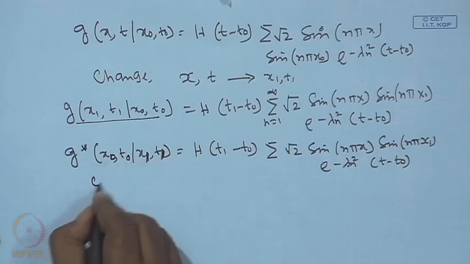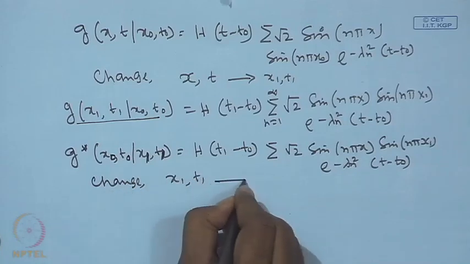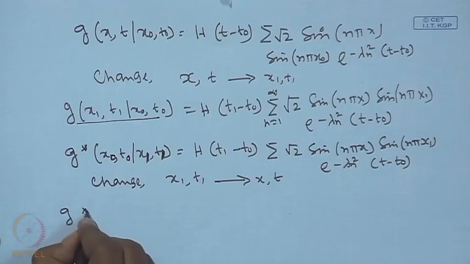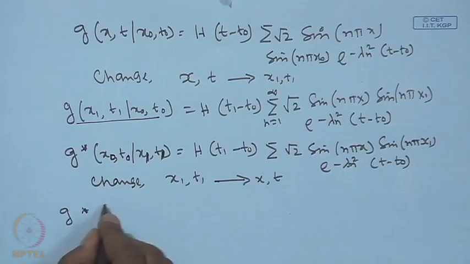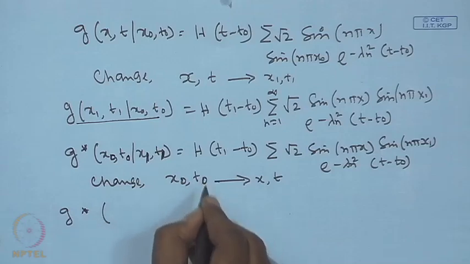So, we change the nomenclature from x 1 t 1 to x and t, and x 0 t 0 to x and t.